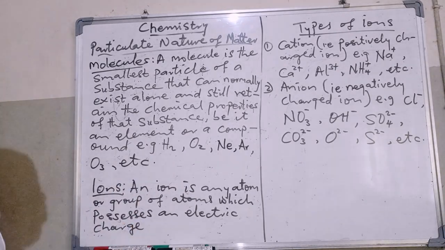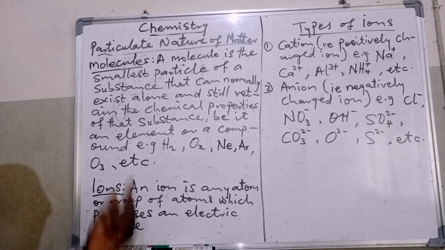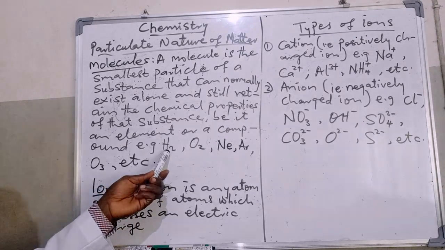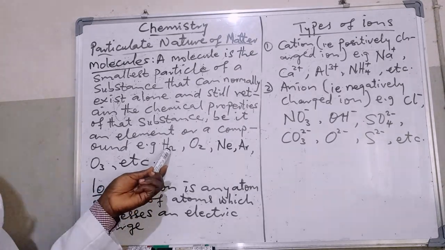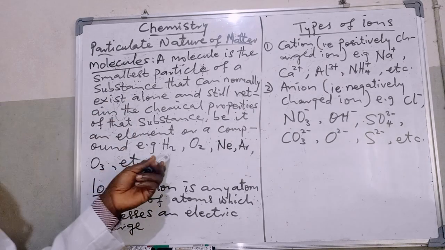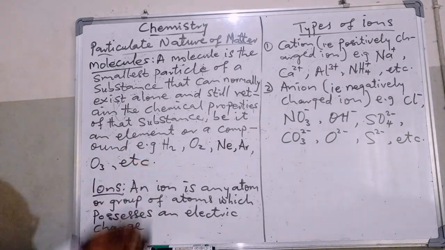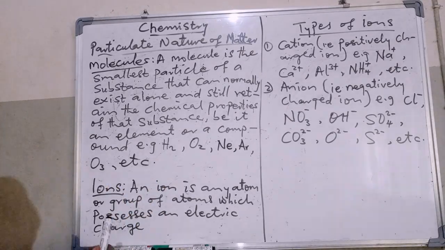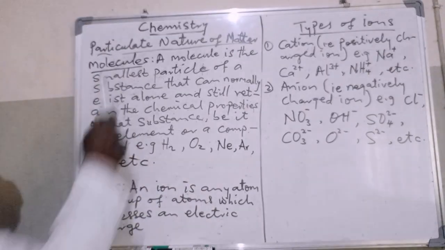Example, a very small unit that still possesses the chemical properties of that substance, like a hydrogen molecule. Remember, the hydrogen molecule in the formula is different from the hydrogen atom we were talking about.